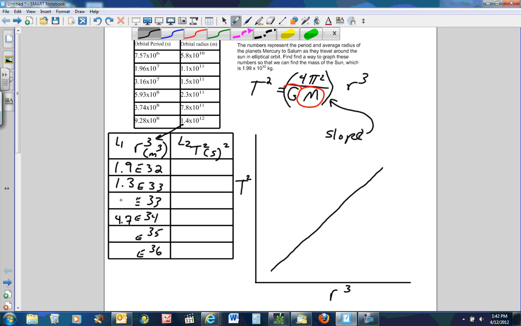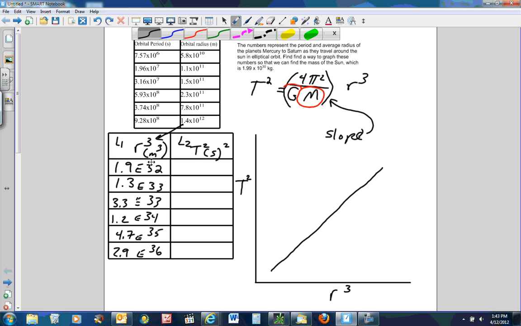This one's actually 3.3. This is 4.7, so this was messed up. This one is 1.2. Should be the decimal right there. And this one is 2.9.